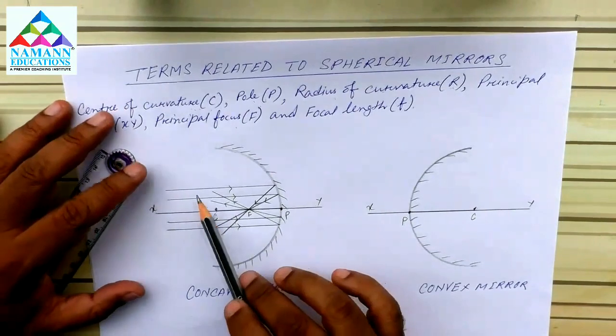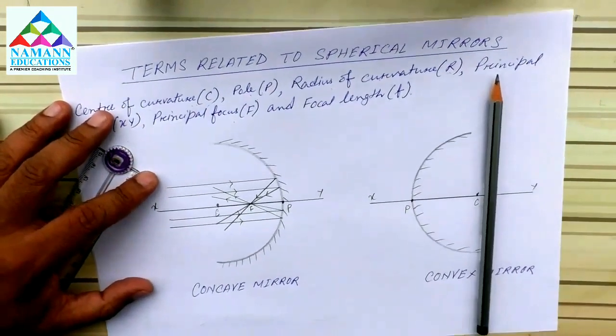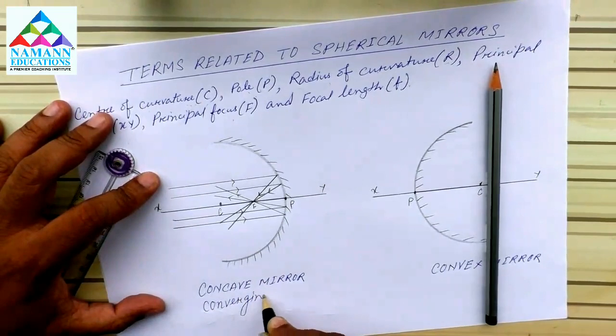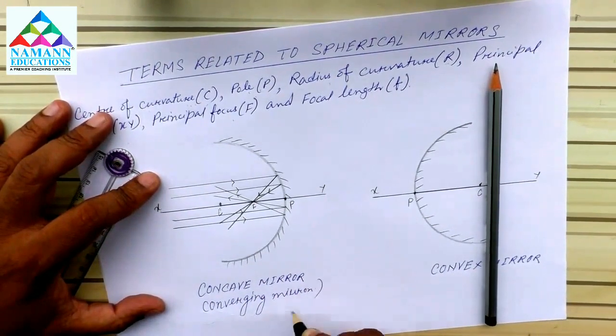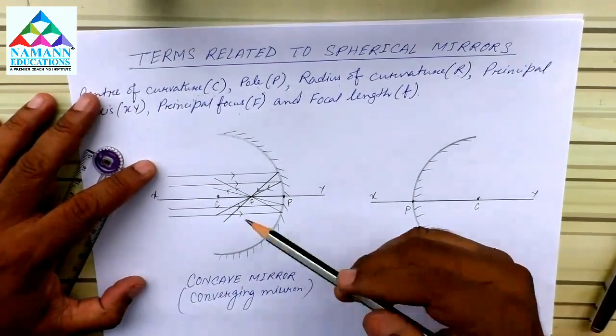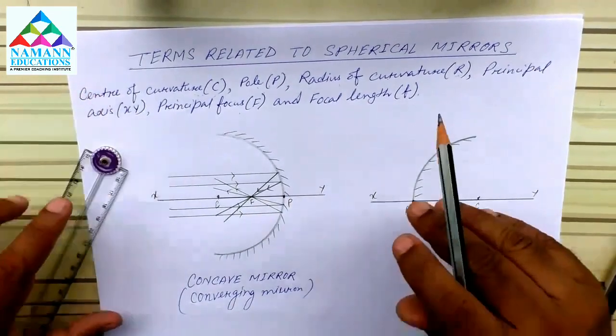And for this reason only, a concave mirror is also called a converging mirror. Okay, so if I ask you the focus of which mirror is real, the focus of a concave mirror is real.